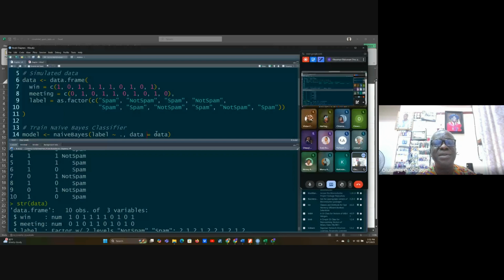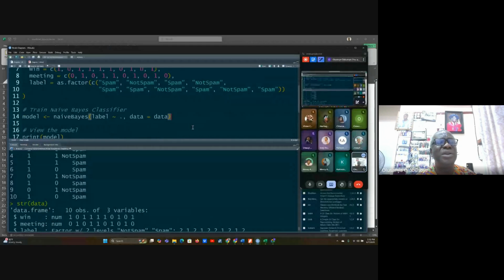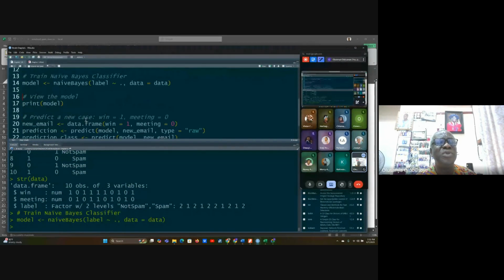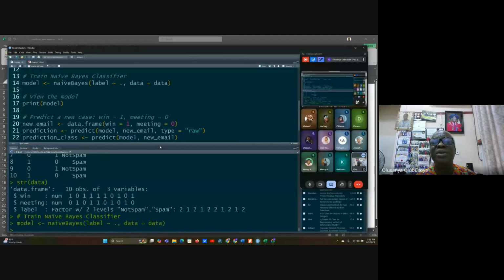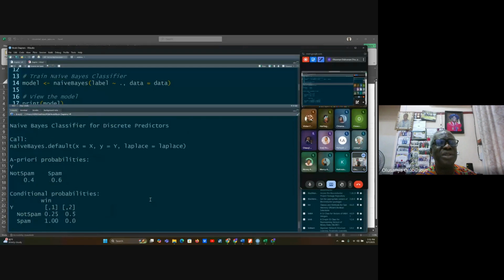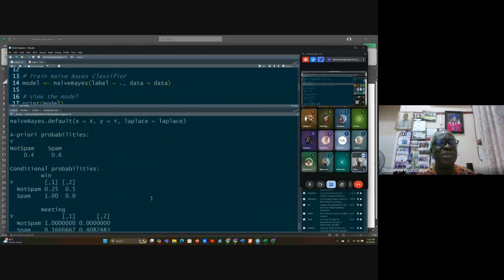And this one refers to the data frame. So you can run this model, and then for you to know the result, you use the print function to view the result. So this is the result, and that is what we now have to talk about.